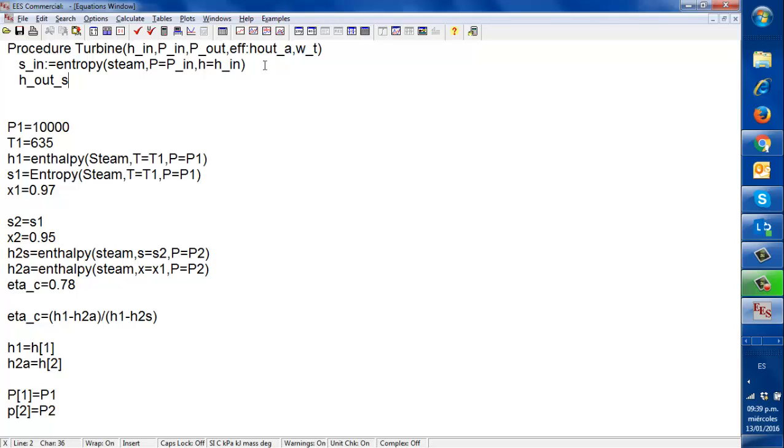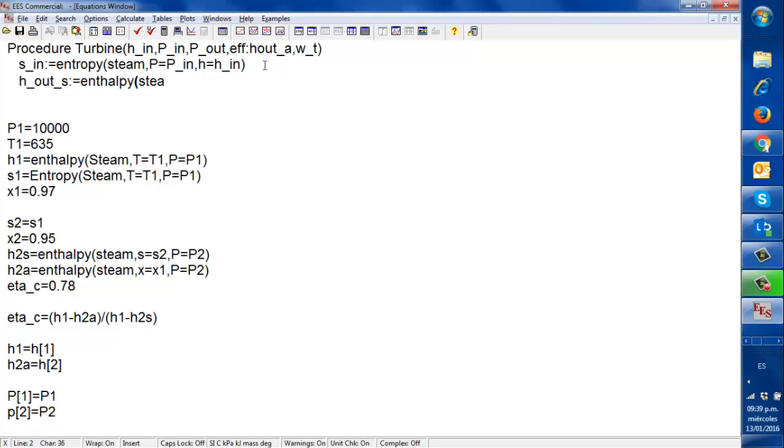So S equal enthalpy steam, comma P equal P out, comma and S equal S in.